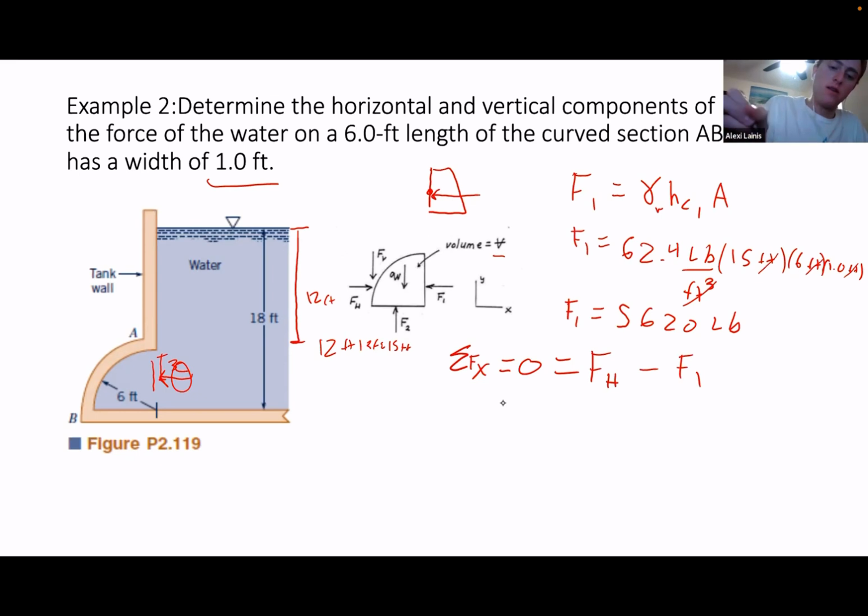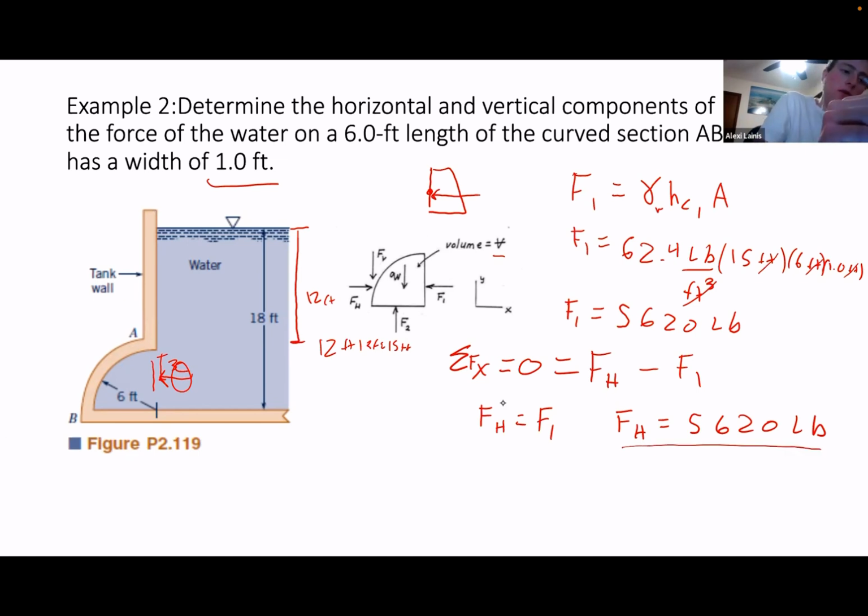All right, so we already calculated F1. So we can say force horizontal equals F1. So then the force horizontal equals 5,620 pounds. And that was one of our answers. That's one of the things we wanted to find, the horizontal component of that force. Now, we get a positive number right here, and that's how we drew FH going that way.